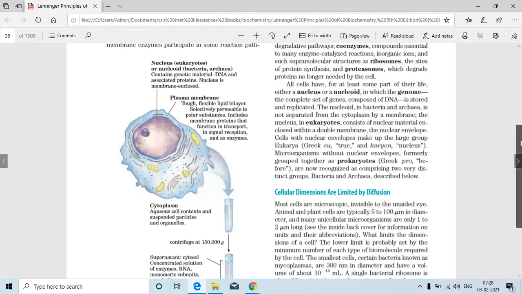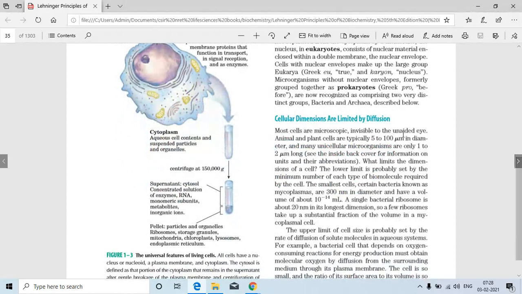Now, in bold, it has been given that cellular dimensions are limited by diffusion. This is said because every cell, whether it is a plant cell, an animal cell, or a small bacterial cell, has certain dimensions, and according to those dimensions it has the capacity to transmit or diffuse particles outside the cell and within the cell.